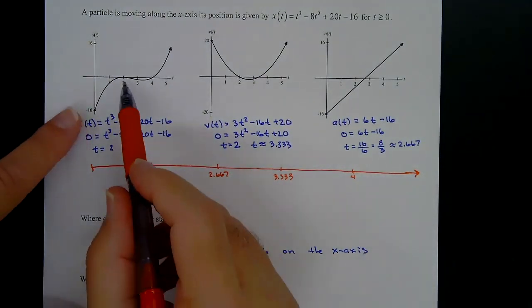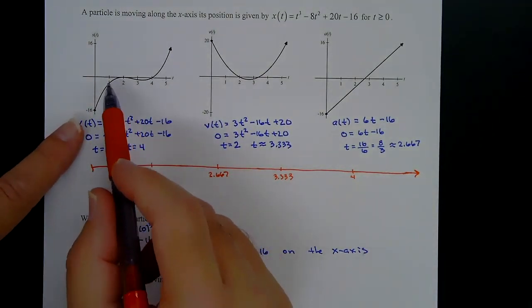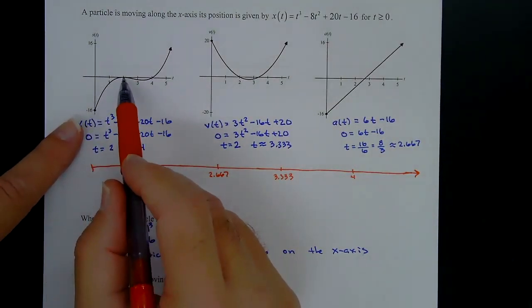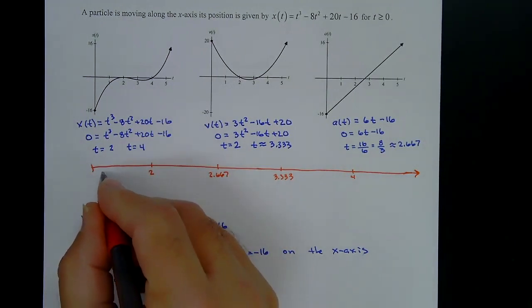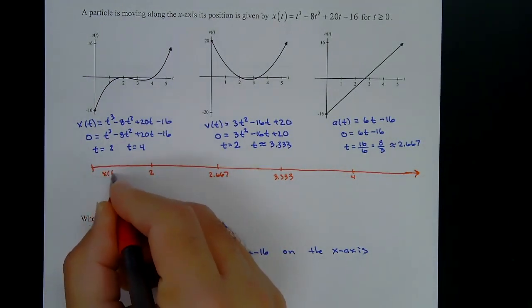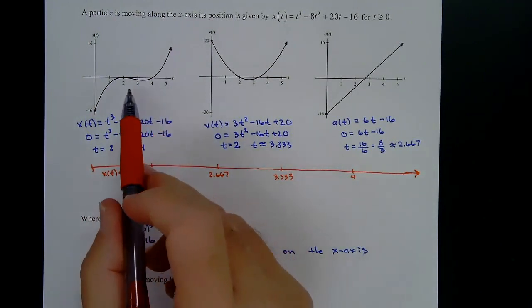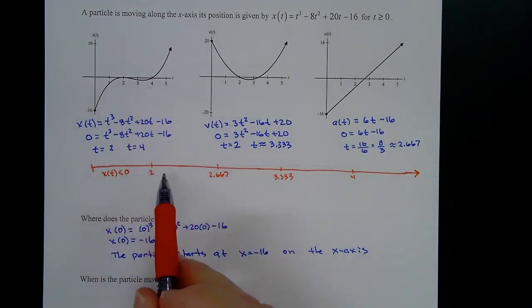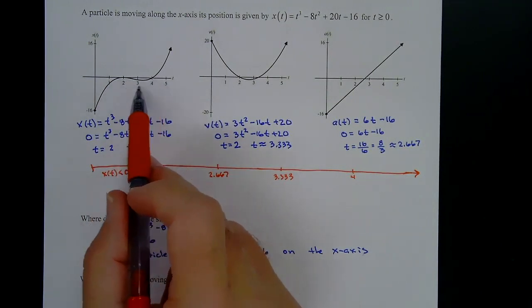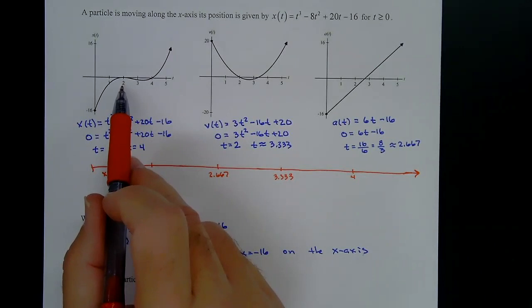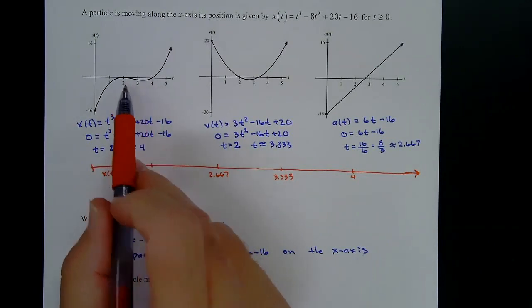So from 0 to 2, okay, the position is negative, right? But not at 2. So x of t on this interval is less than 0, okay? From 2 to 4, the position is still negative, right? Now, it wasn't negative at 2 though, right? It was 0 at 2 and at 4, but it's still negative, okay?